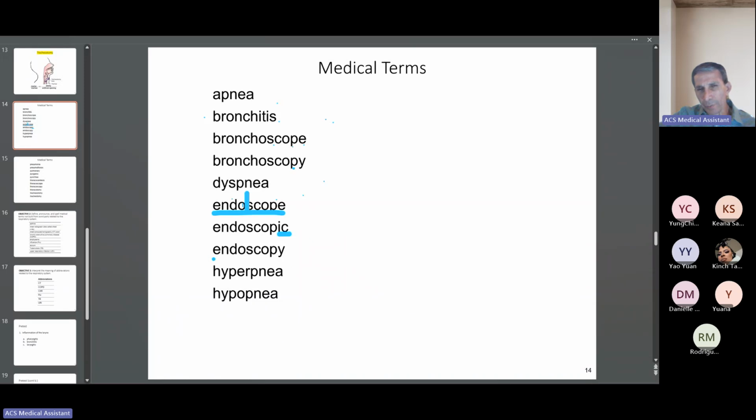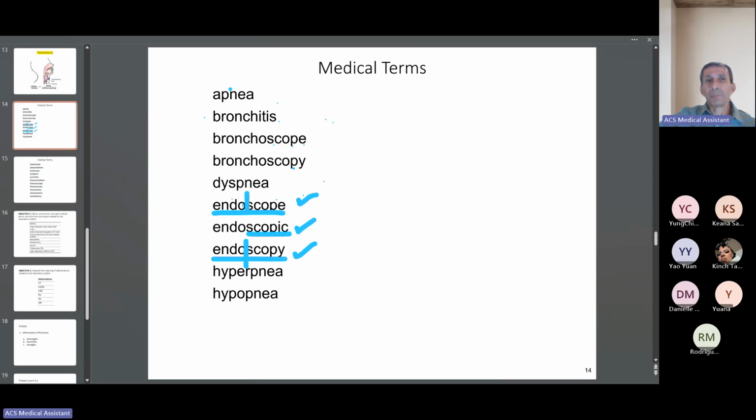Now, endoscopy, scopy, that's the suffix. Endoscope, endoscopy, endoscopic sound very similar, but they mean something different because the suffixes are different. This is scopic, this is scope, this is scopy, not scopic. So it changes. This is the instrument. This is pertaining to the instrument. This is the visualization through this instrument.